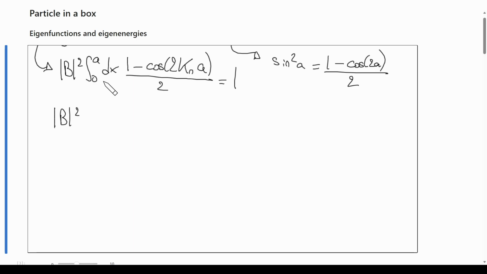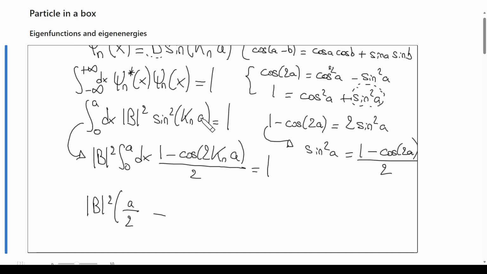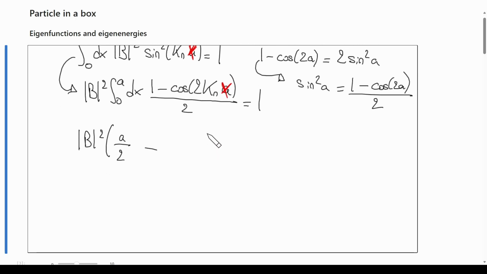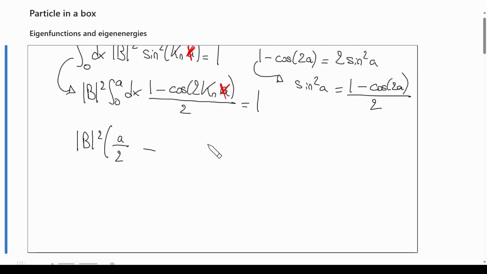We have B squared, the integral of 1 over 2 between 0 and a is a over 2, minus the integral of cosine of 2 kappa n x, which is simply sine of 2 kappa n x over 2 times 2 kappa n, between 0 and a.